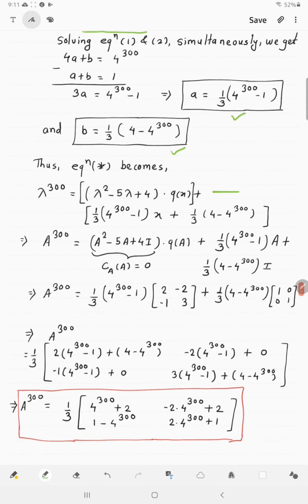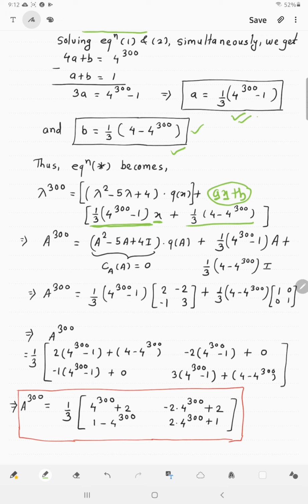Now here we have ax plus b, but instead of ax plus b I write down the value of a. The value of a is 1 by 3 times 4 raised to 300 minus 1, into x, this is a, this is x, plus this whole term is b. We have found ax plus b.